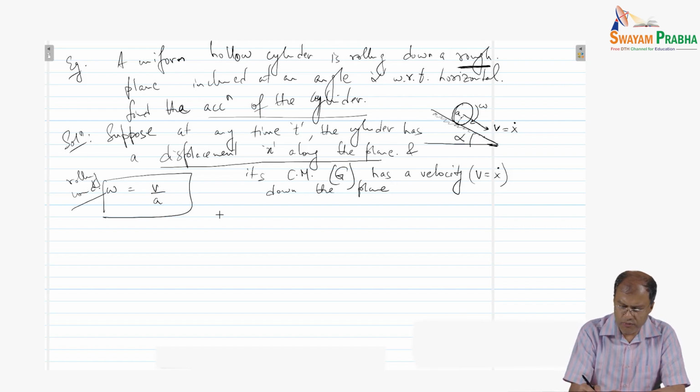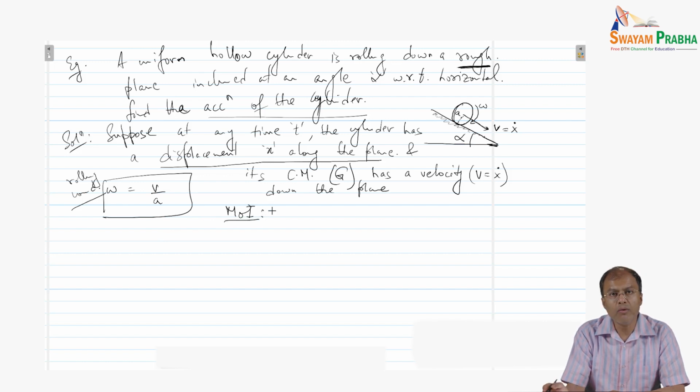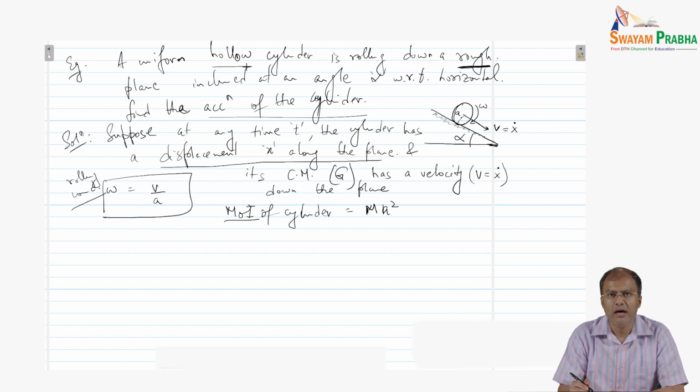We have already written the rolling condition, and we also have to worry about the moment of inertia for the rotational kinetic energy. The moment of inertia of the cylinder in this case will be m a square, since this is a hollow cylinder. At some point we also have to write down the results for the moment of inertia of regular rigid bodies, which we'll shortly introduce.